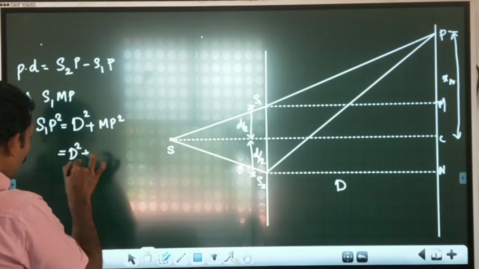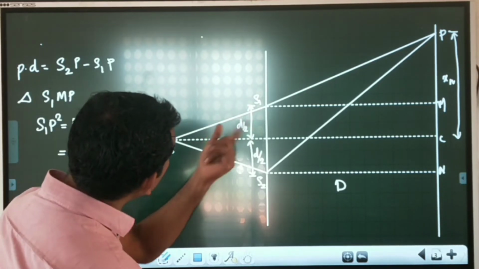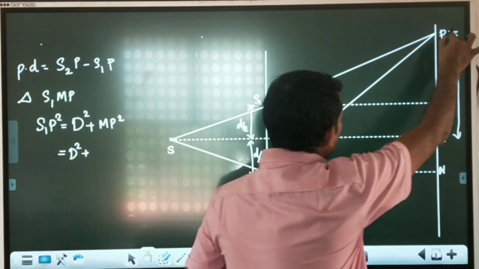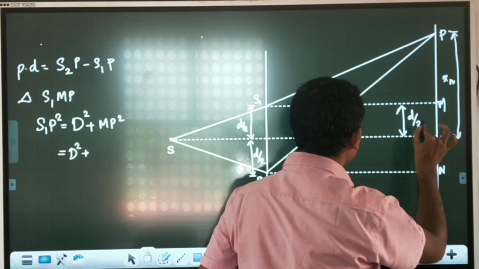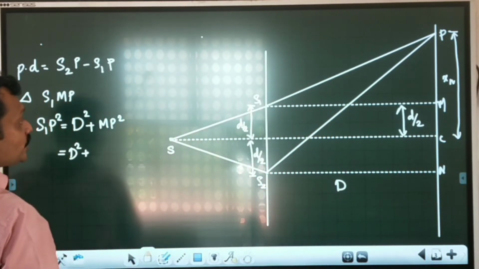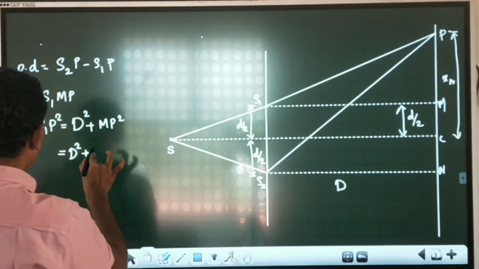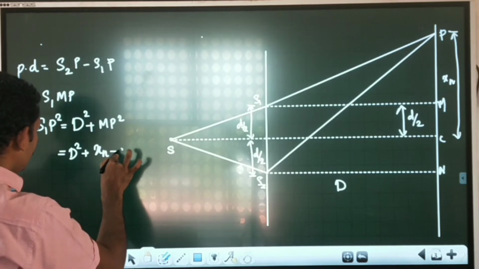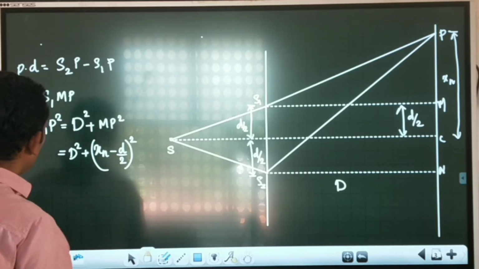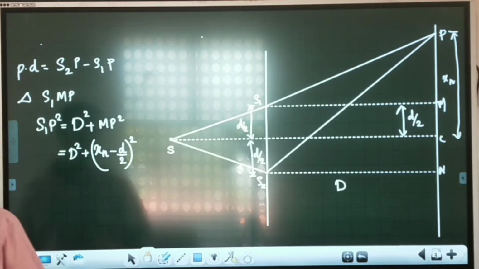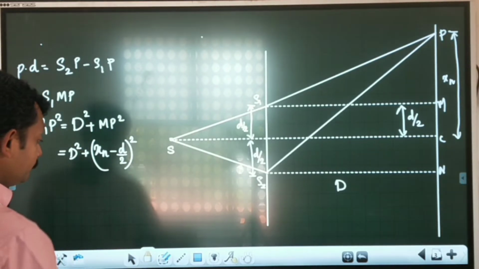That is D square plus MP, and how much is MP? This total is xn, this much is d by 2, right? D square plus xn minus d by 2, the whole square. That is S1P square. We will expand later.